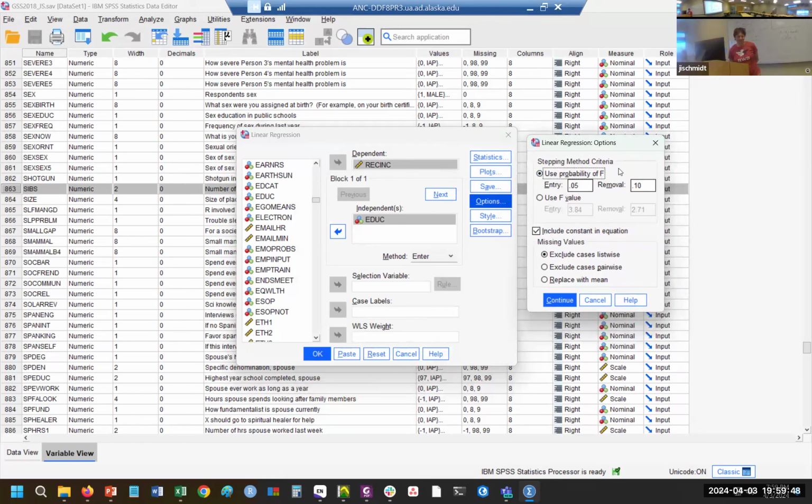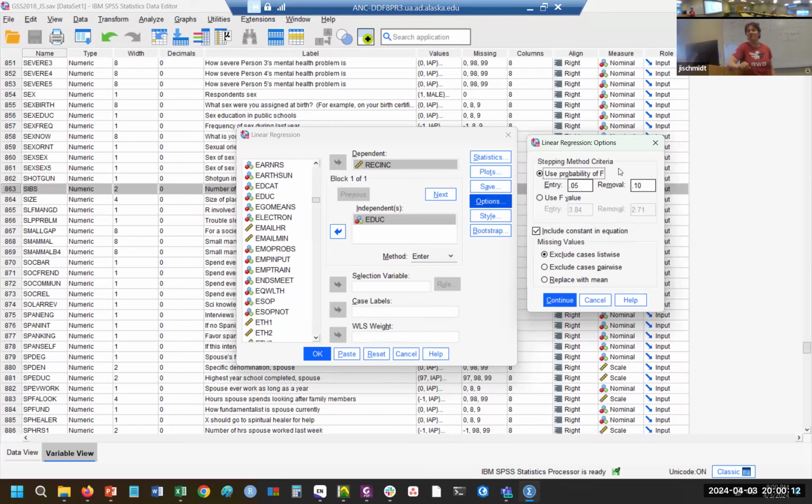What this is doing is that, if a variable is significant at the 5% level, keep it in the model. When you have regression, sometimes you can have lots of predictors. You're throwing everything in there to see if it's related to whatever dependent variable you're putting in.